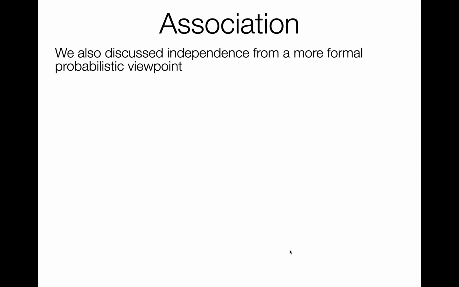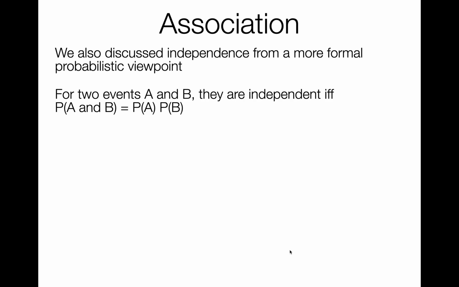We've also discussed it more formally in a probabilistic way. We've also discussed independence more probabilistically. And what we said is for any two events, whatever the events are, A and B are independent if and only if the probability of them happening together is equal to the probability that one happens times the probability that the other happens.